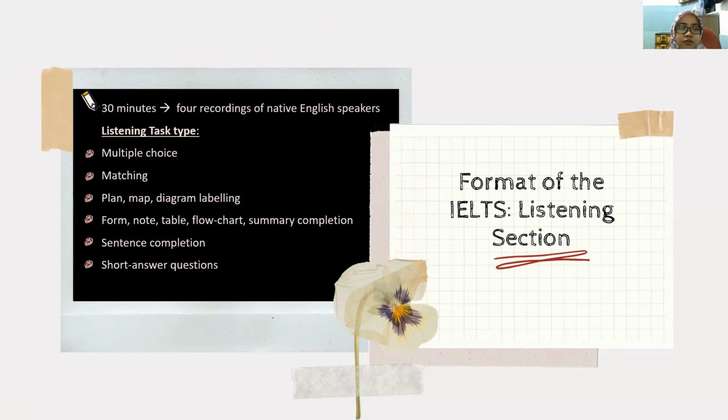The types of listening tasks are varied. For example, they can include multiple choice, matching, plan, map, diagram labeling, form, note, table, flowchart, summary completion, sentence completion, and short answer questions.